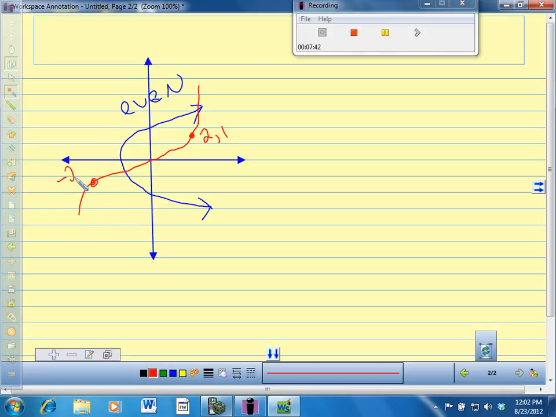And that's why, when testing for even and odd, I plug in -y and -x, and if it comes out to be the same thing, then it is an odd function. An even function, if it has a point like (1, 3) up here, then it would have the point (1, -3) down here. Okay, so that's even and odd and what they look like.